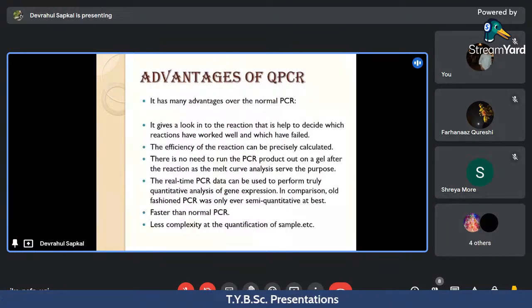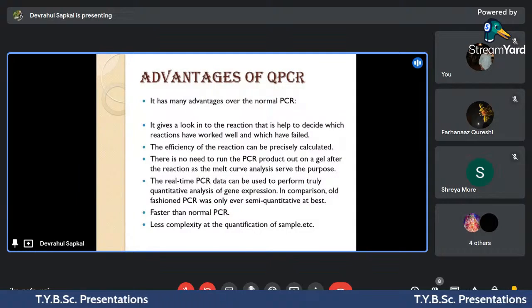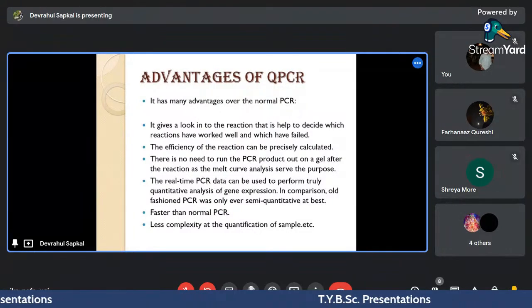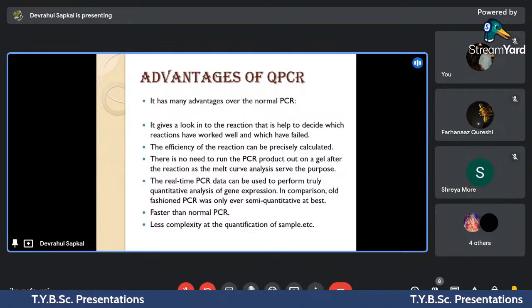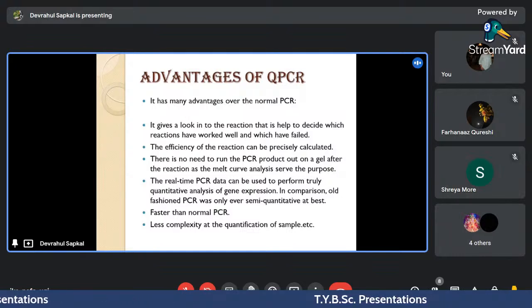There are so many advantages of quantitative PCR. It gives a look into the reaction, which helps to decide which reactions have worked well and which have failed. The efficiency of the reaction can be precisely calculated.